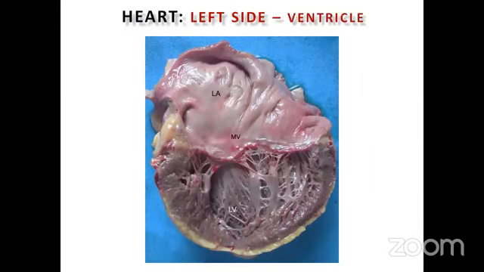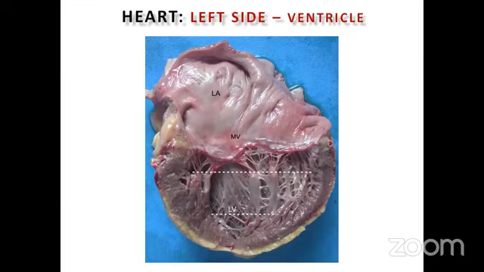With that, we come to the appearance of the left ventricle. Now, the left ventricle is finely trabeculated with a thicker, compact portion measuring about 1 centimeter.